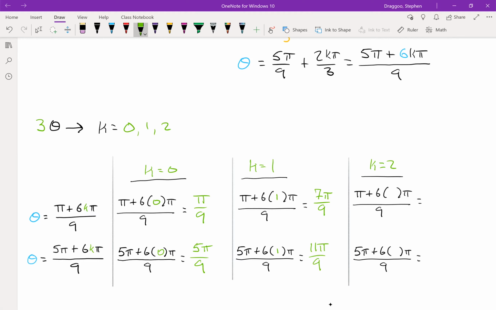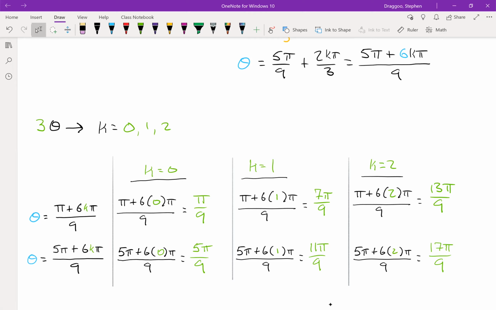And then in that third column, plug in 2 for k, which means I'll get pi plus 12 pi over 9, which should be 13 pi over 9. And then in that lower right piece, 5 plus 12 is 17 pi over 9.